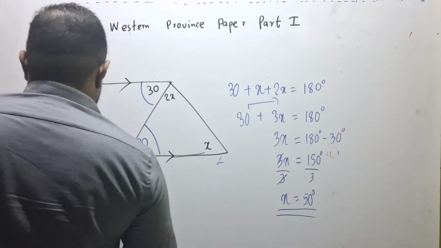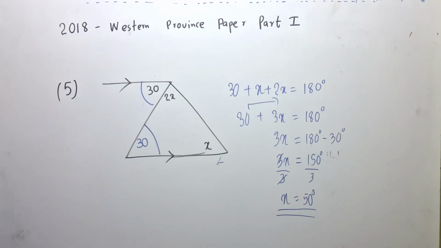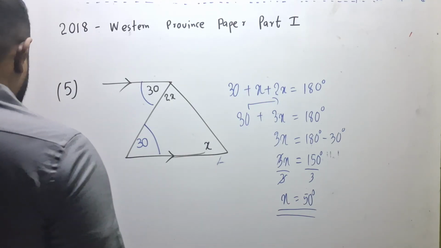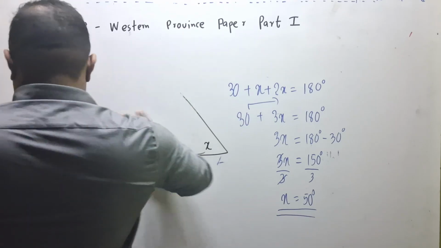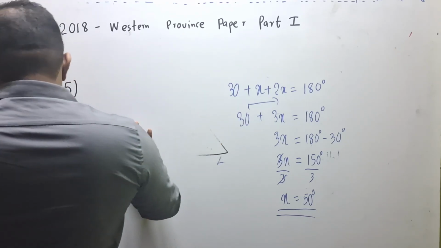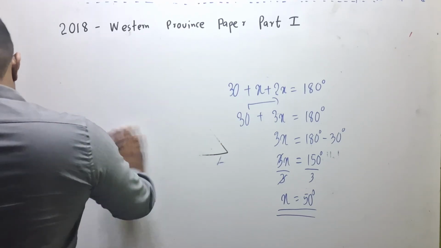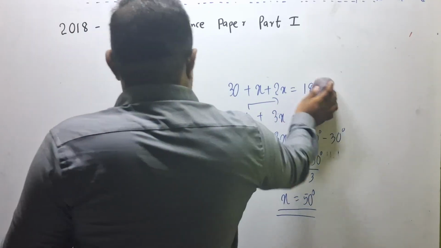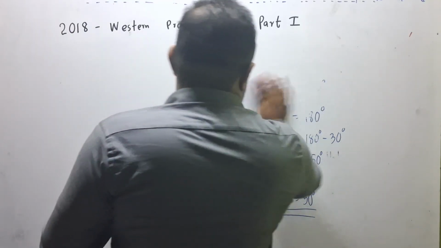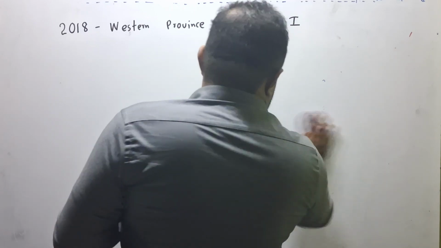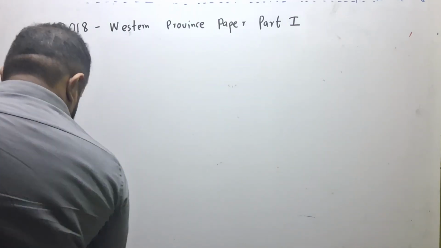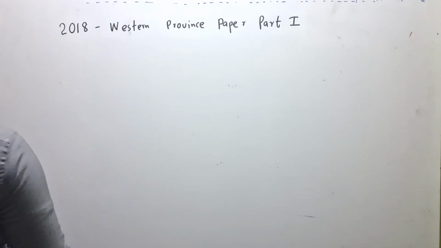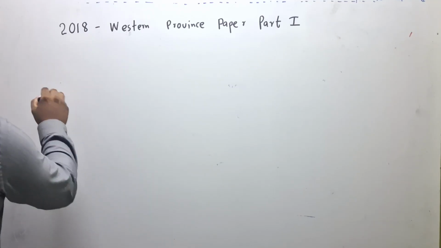Question number 6. If a person who borrowed 2,500 for annual simple interest pays 250 as the interest at the end of the year, find the annual simple interest rate.